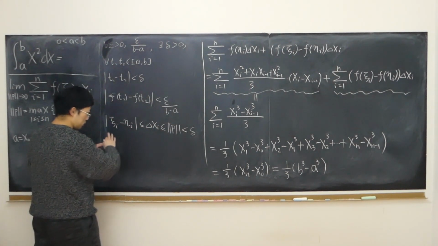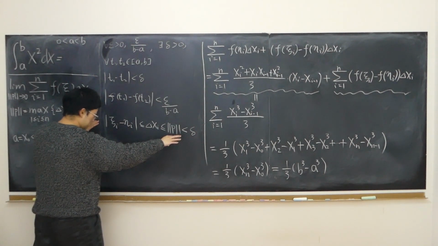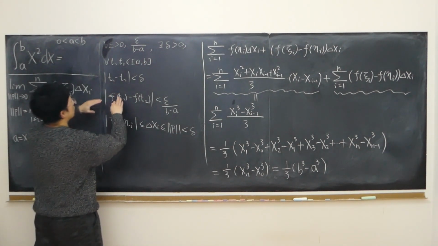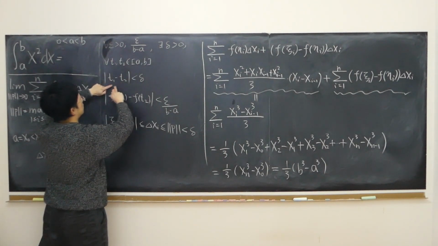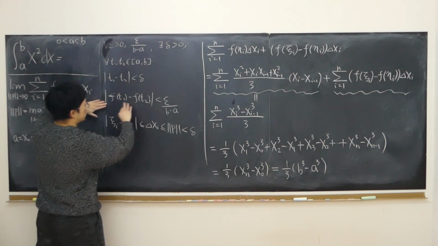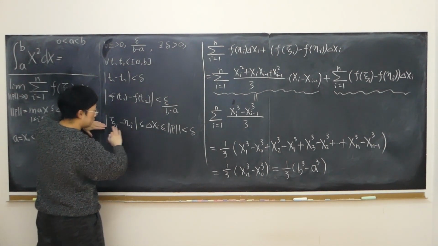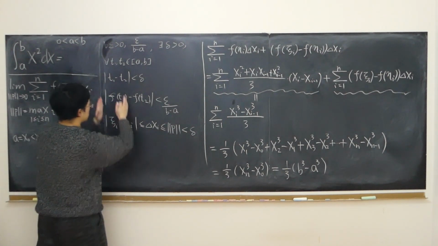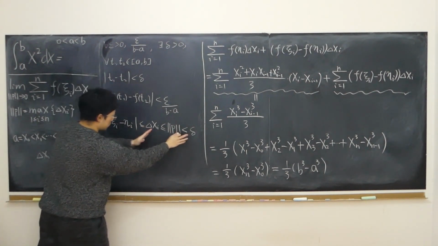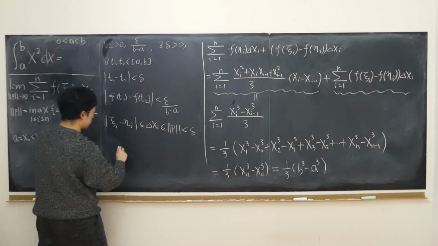Therefore, this is now made sure to be small enough. So, according to this property, as long as those two points inside this interval are close enough, then their corresponding functional values will be close enough, right? So we made sure that those two points are not only within this interval, but also close enough. Therefore, their corresponding functional values will also be close enough, right?